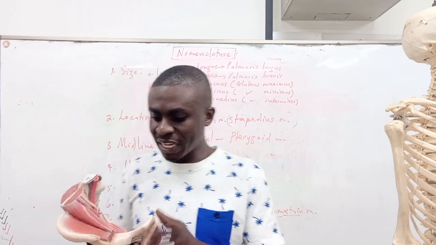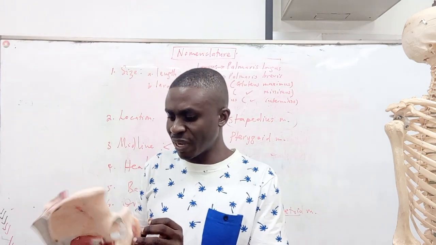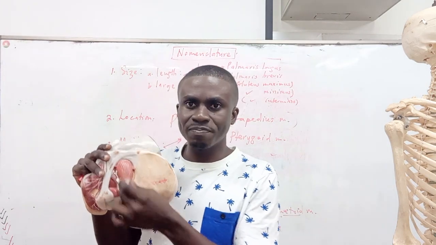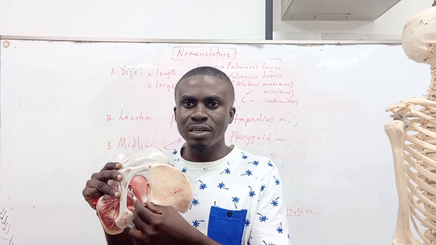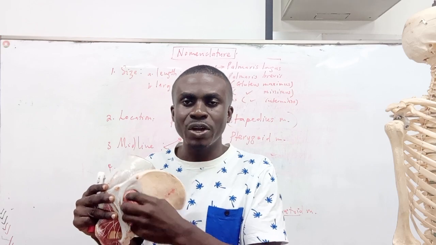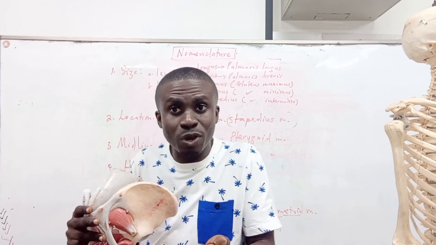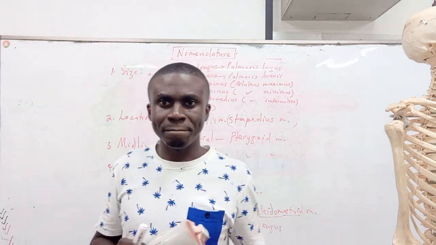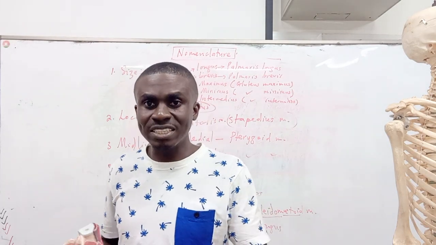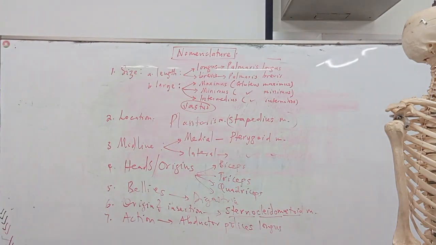Now, based on the shape again, there's this muscle I want to make mention of. It's pear-shaped, coming through the greater sciatic foramen. We call it the piriformis muscle. So these are some ways that we will nomenclate some of these things.